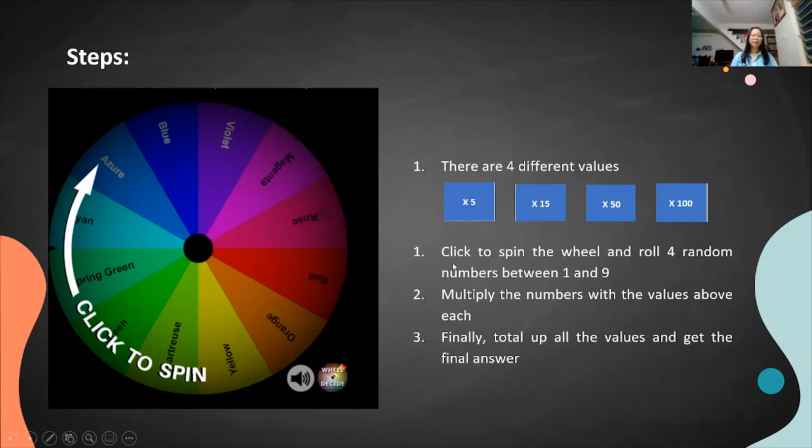And here, I have made use of the website Wheel Design to spin the wheel within it and get 4 random numbers between 1 and 9. Later, students will need to multiply the numbers with the values above each. And finally, they'll total up all the values and get the final answer. Now, let me show a demonstration on it.